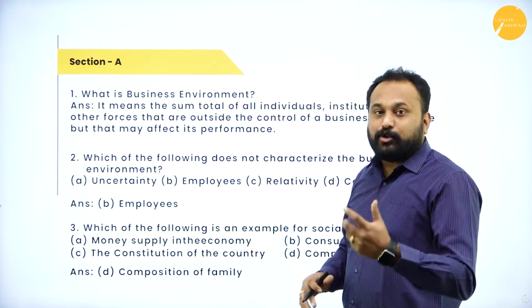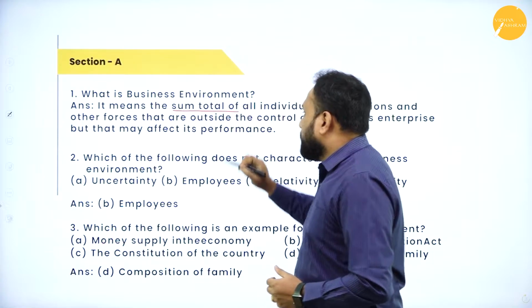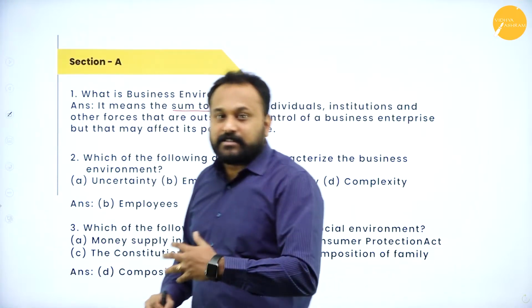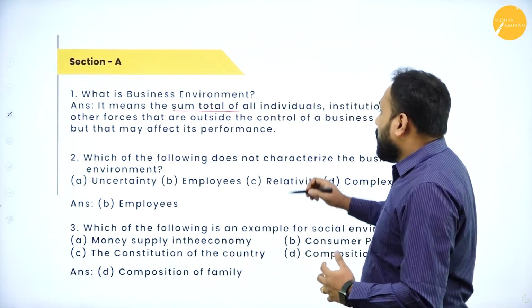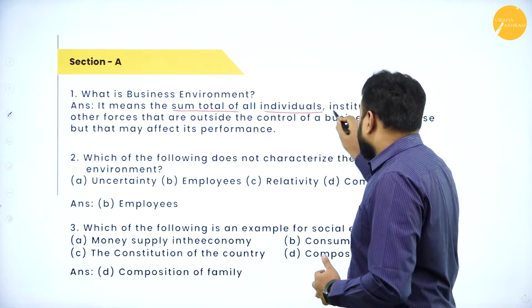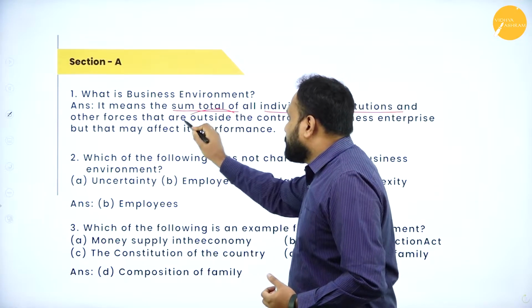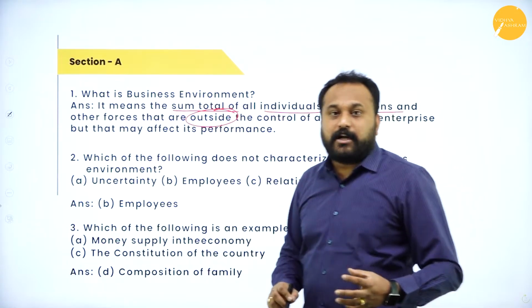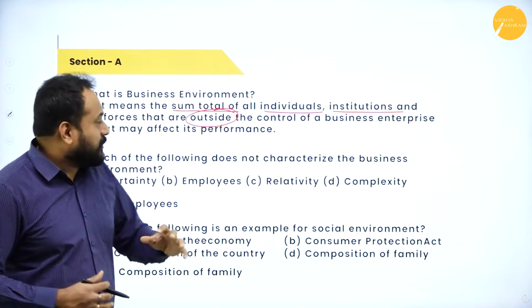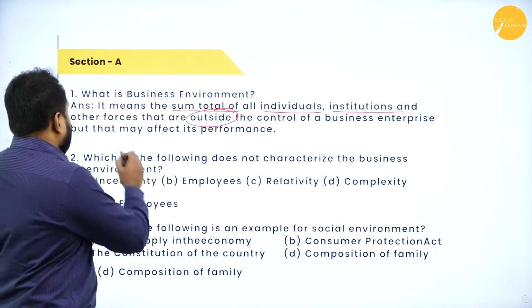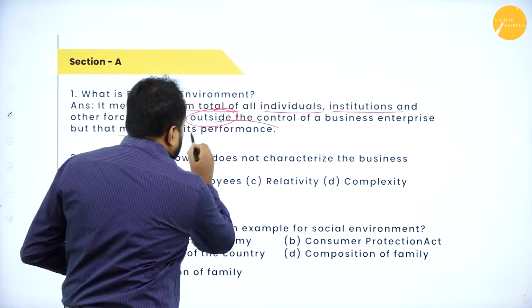It means the sum total. So sum total is a key point. Sum total of what? All variance. Sum total of all variance or all individual, institution and other forces that are outside. So here you have something called, it's all about macro. Now here, outside the control of business enterprise, but that may affect the performance.